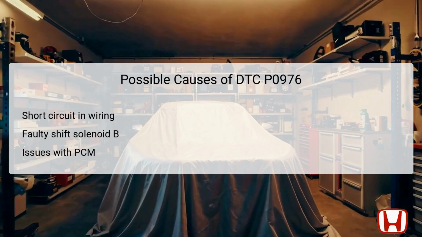Lastly, problems with the powertrain control module, PCM, which interprets signals and relays commands to the solenoid, can also cause this fault. It is important to methodically check each of these potential causes during the troubleshooting process to narrow down the root of the problem. Each of these elements plays a critical role in the operation of the transmission and requires careful evaluation.